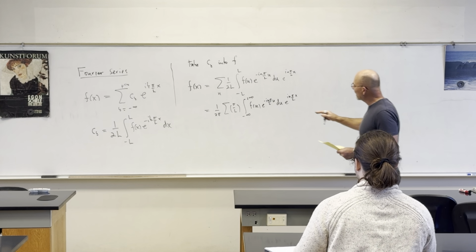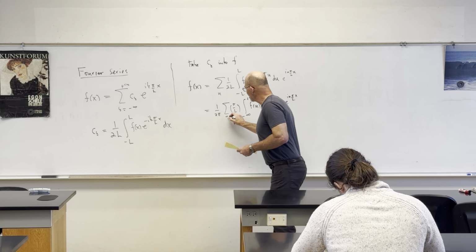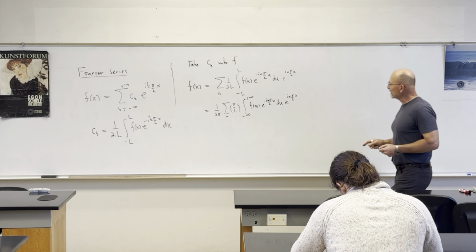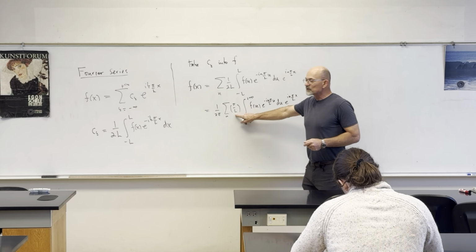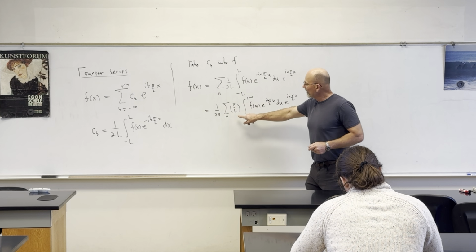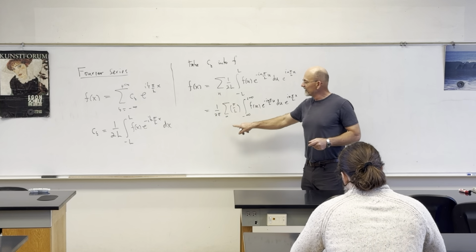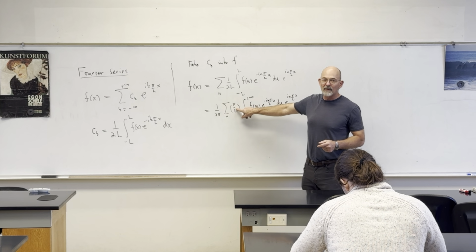Okay. Now the reason I've done this, we're still summing over n, is because as L gets larger and larger, you can see this summation here as being an integral. This is the small differential in the sum, okay?